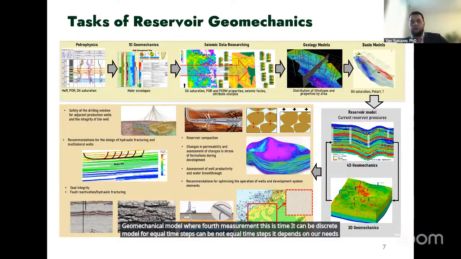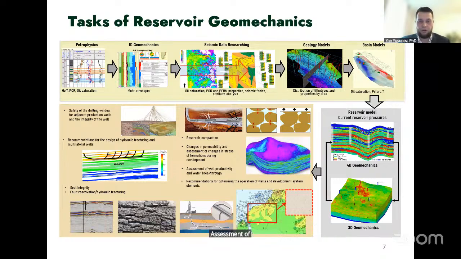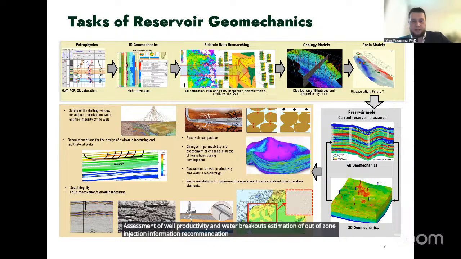The 4D geomechanical model is the most important source of information in terms of reservoir compaction, change in permeability and porosity, assessment of change in the stress formation, assessment of well productivity and water breakouts, estimation of out-of-zone injection, recommendations for optimizing the operation of wells, development system elements, seal and reservoir integrity, fault reactivation, design of hydraulic fracturing, safe mud weight window, and other information.